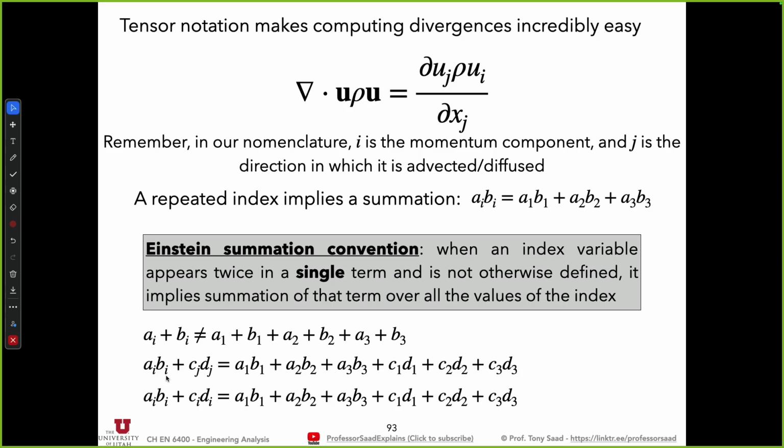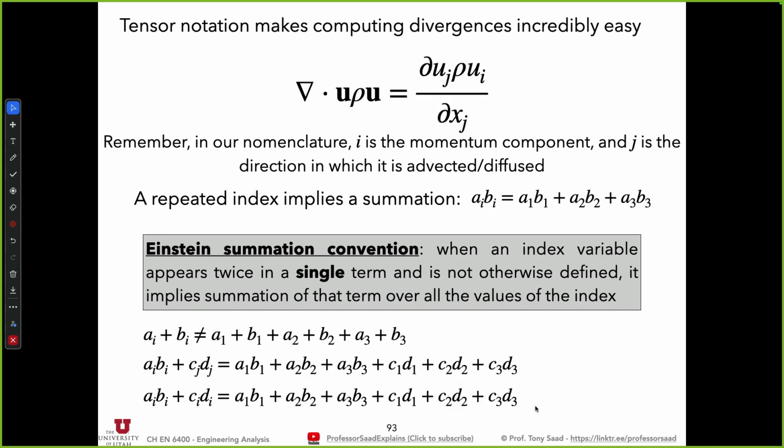Now, if you had a_i b_i plus c_j d_j, in each term there's a repeated index. So a_i b_i implies a1b1 plus a2b2 plus a3b3, and c_j d_j has a repeated index there, so that also implies c1d1 plus c2d2 plus c3d3. Now you can also use the same index, a_i b_i plus c_i d_i.